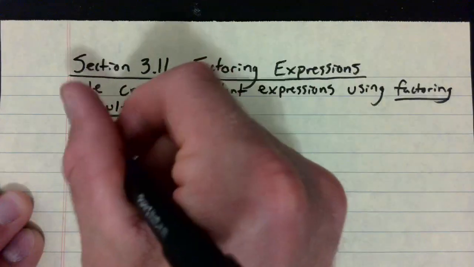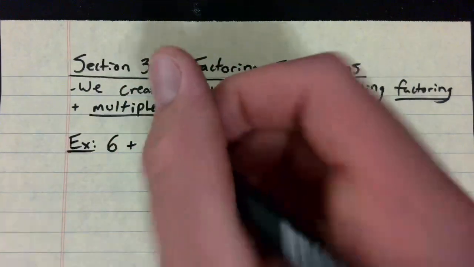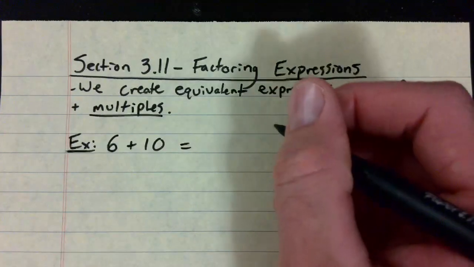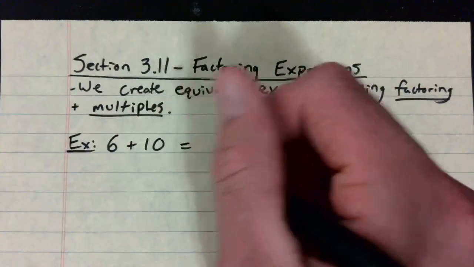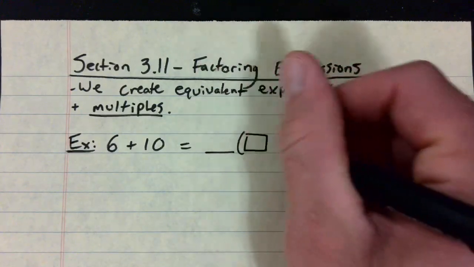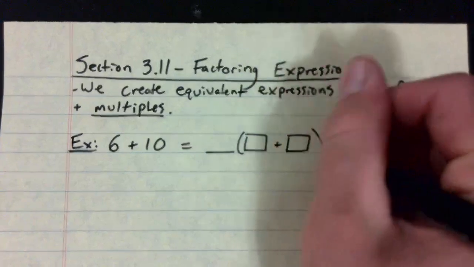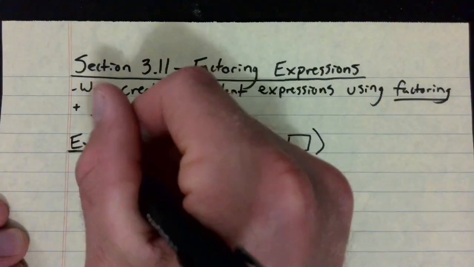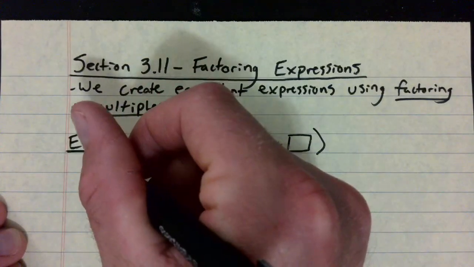when we see something like this, 6 plus 10, we create what we call our equivalent expressions. So we write it as a blank times a quantity, blank plus blank. And you can just draw two blank squares. So what we do is we find the GCF of 6 and 10 by factoring.